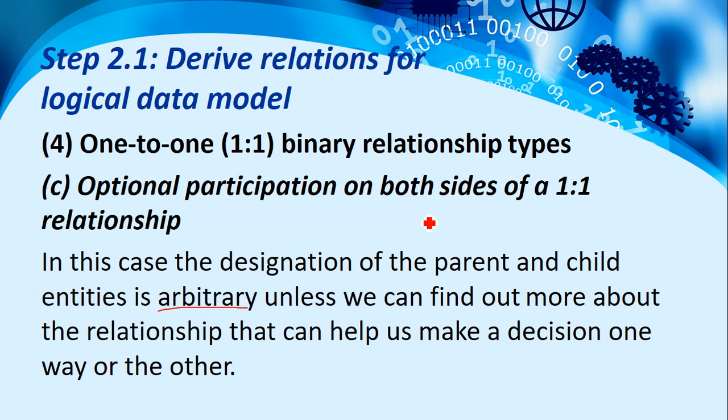No? Pwedeng isa maging child and then parent. Okay? Unless we can find out more about the relationship that can help us make a decision one way or the other. So, may pahabol siya no. It's not all in all cases nga pwede mong ma-interchange no, unless we can find out pala no, more about the relationship. So that could also no.